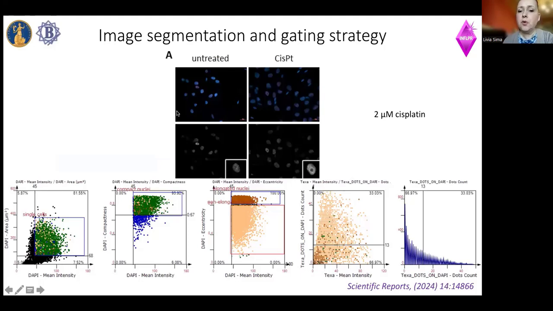As I said before, we used cisplatin as a positive control for DNA damage inducing agent. And with these samples, we have set up the gating strategy for our analysis. For the first scattergram, we chose DAPI mean intensity and DAPI area to detect single cells.